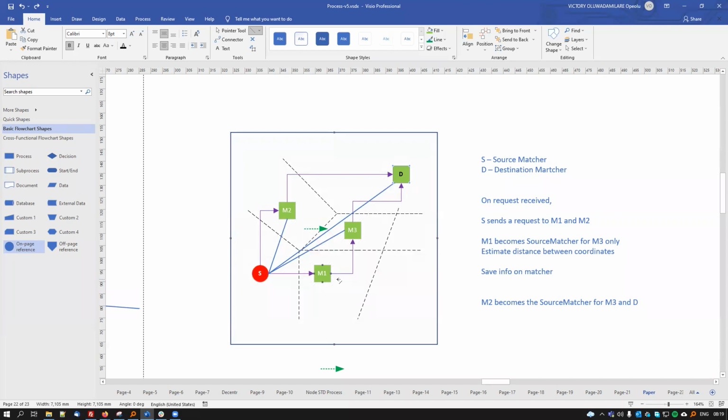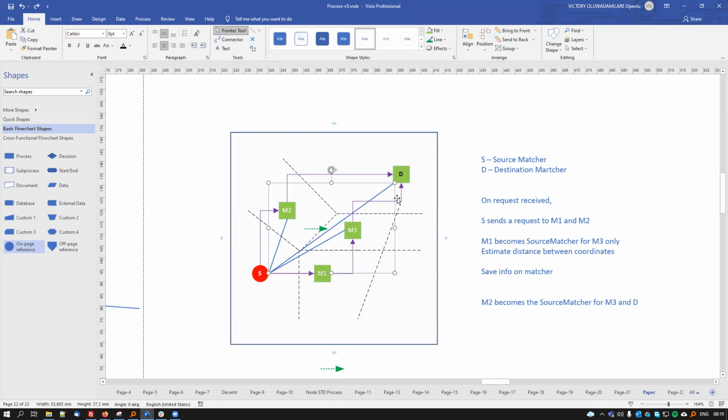I'm trying to say it's M3. Exactly, M3. So this answers the question between M2 and M3, whether M3 should forward it to D, and also whether M2 should forward it to D. So you know the answer, right?